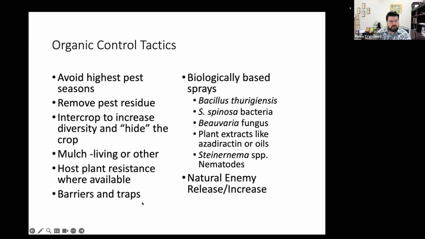Reflective mulch, host plant resistance where available, and using barriers and traps when available as well. Some biological-based insecticides like Bt or Spinosad bacteria. Plant extracts like neem oil and some nematodes. A lot of studies are being conducted to look at this. And natural enemy release and increase, like lacewings and lady beetles, for example, that are available.